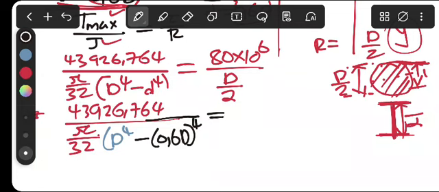So here we still have 80 times 10 to the power 6 divided by d over 2.